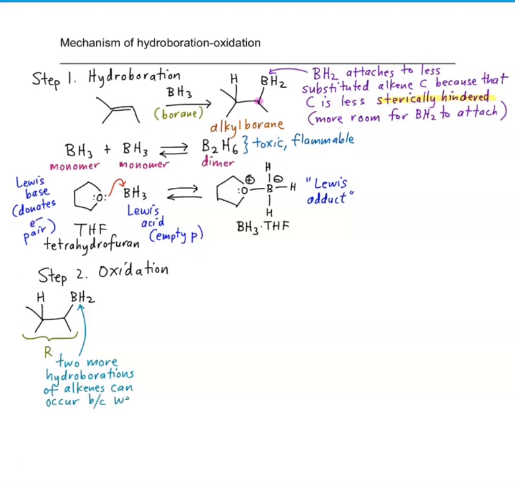And that is because we still have 2 more BH bonds. Okay, so when that happens, you're going to end up with a structure that looks like this.